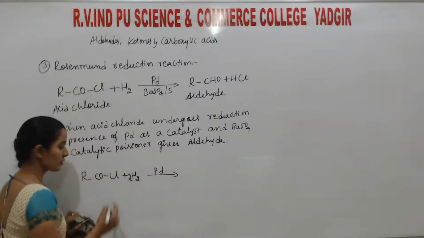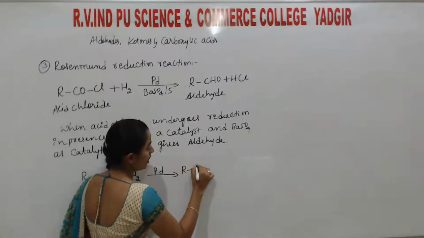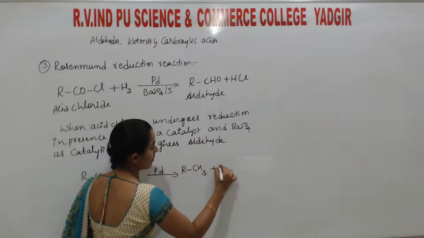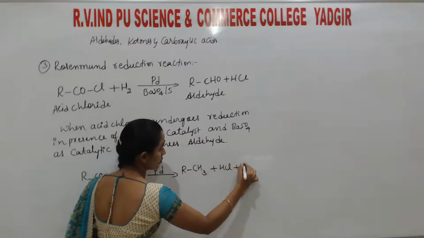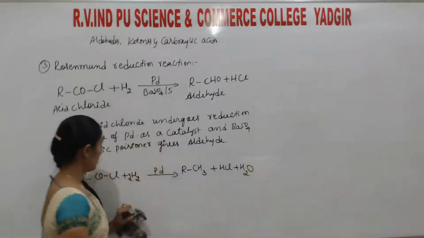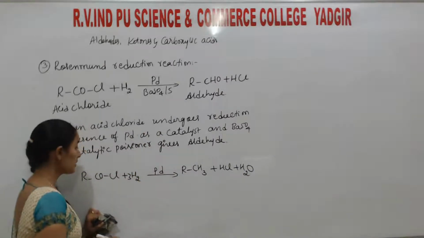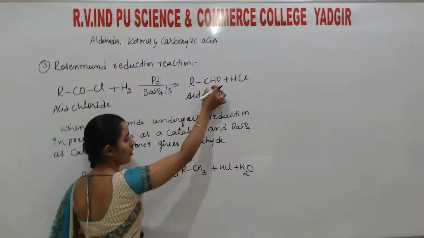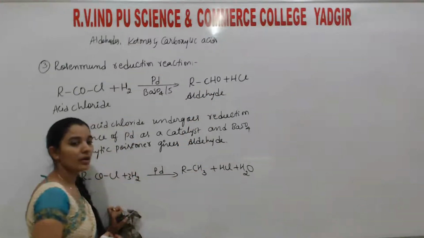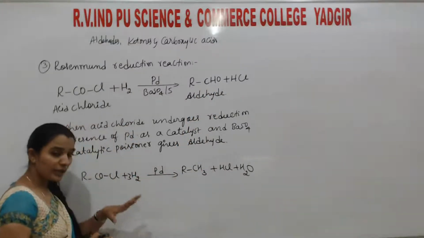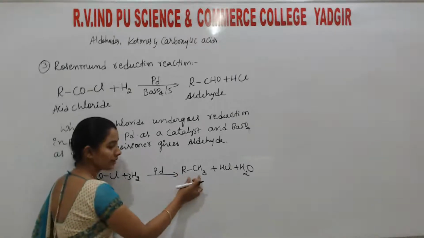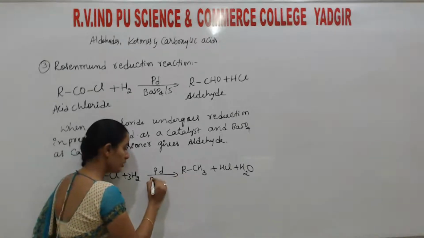Here 2 moles of H2 we need to take, they form RCH3 plus HCl plus H2O. Understood? So here 3 moles. Instead of getting this aldehyde, we are going to get this alkane. So to reduce this product to what?